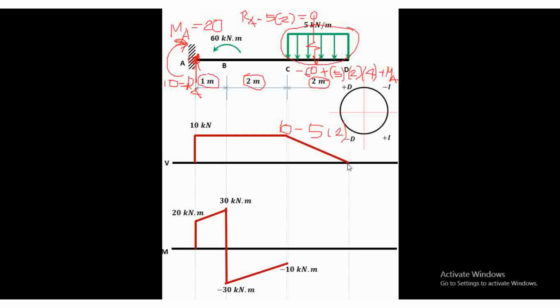So, that is decreasing. But since nasa taas siya, positive decreasing. Pag positive decreasing, ang magiging itsura ng curve ko is concave downwards. So, ganyan yung magiging itsura ng curve ko. Ladies and gentlemen, ito yung magiging itsura ng shear and moment diagram ko for this additional problem.